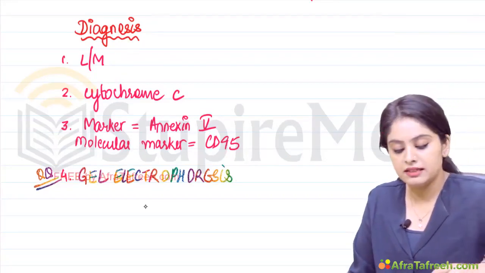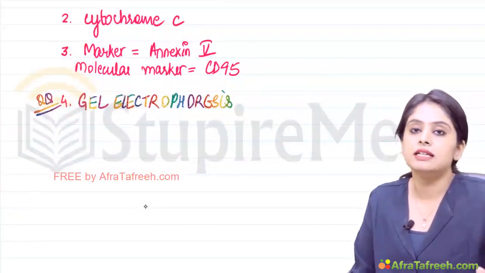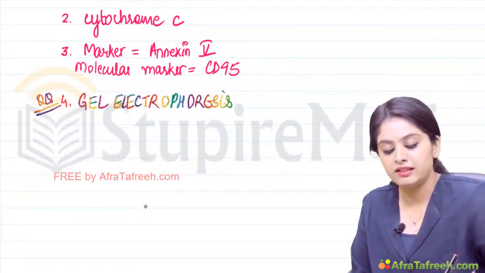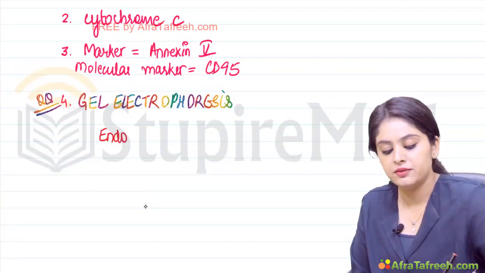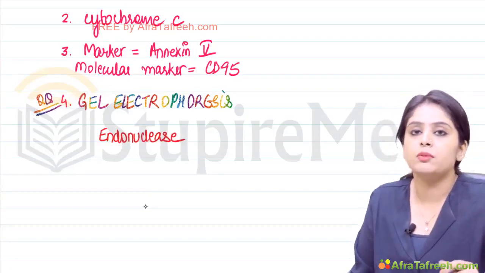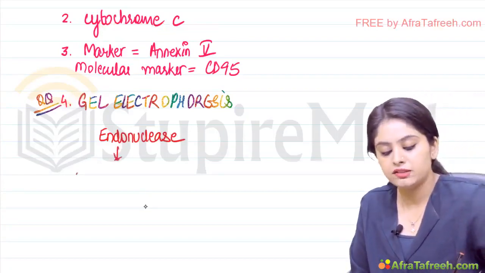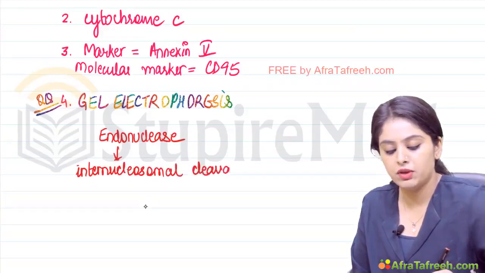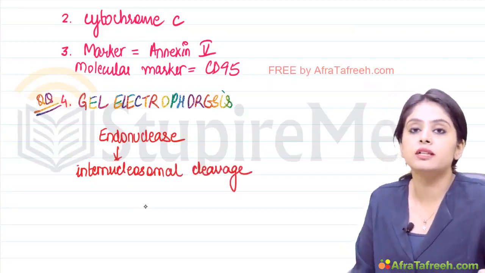Now, how will we understand this? Just now we studied that in apoptosis there is activation of an enzyme known as endonuclease. Endonuclease has a very important property, that it causes internucleosomal cleavage. And what do you mean by internucleosomal cleavage?